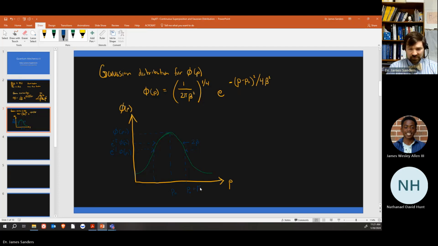This is plus root 2 beta, I said b naught, it's just beta. And this is your minus root 2 beta from p naught. Okay, so p naught is where the distribution's peak value is. The scale factor in front of this right here ensures proper normalization for our system.